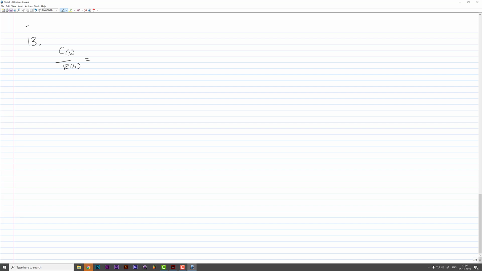It is nothing but G of s by 1 plus G of s into H of s, but since it is given as a unity feedback system, H of s is 1, so I am not writing it, only G of s here. So that is what is given as K s plus b divided by s square plus A s plus B. Okay.